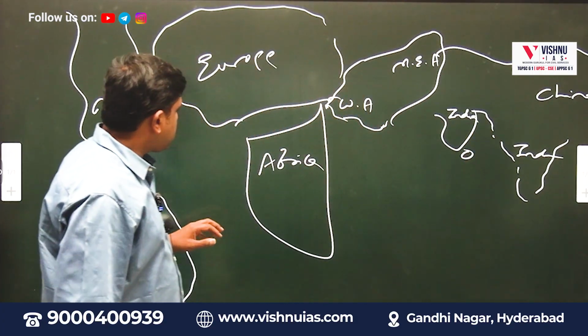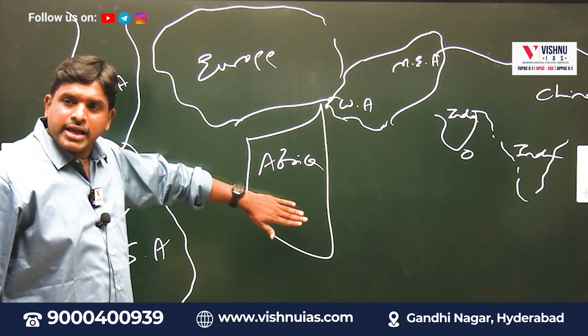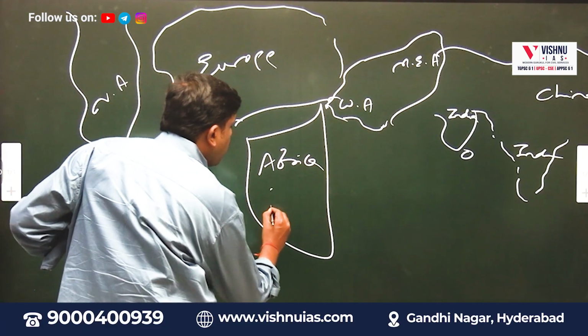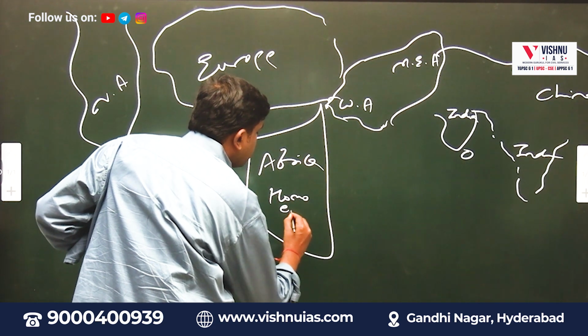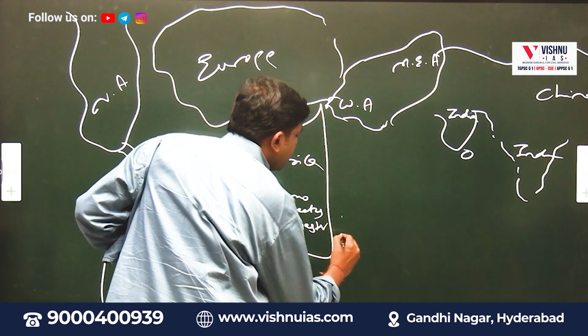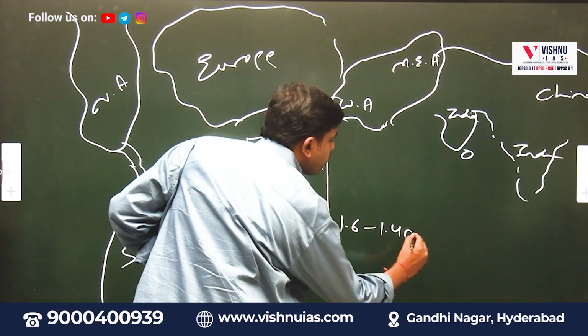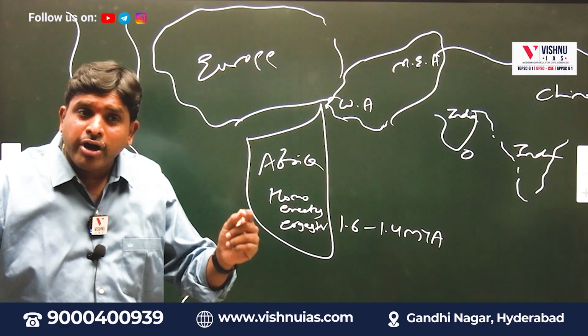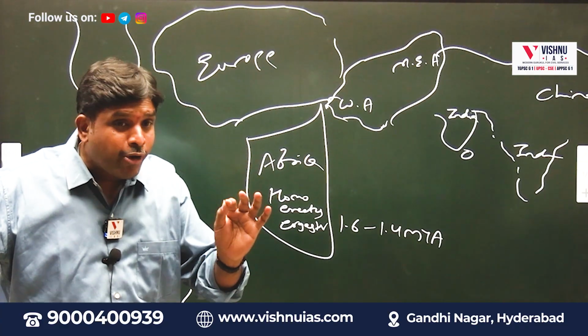Then what happened? In Africa we have Homo erectus ergaster at 1.6 to 1.4 million years ago. Then suddenly what happened? 1.3, 1.2, 1.1.